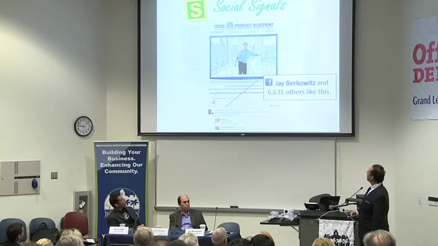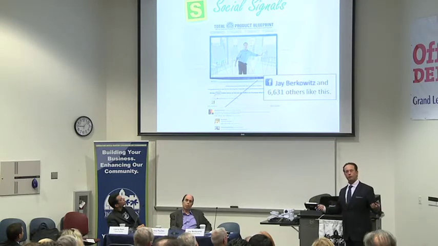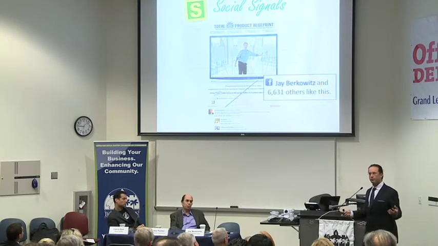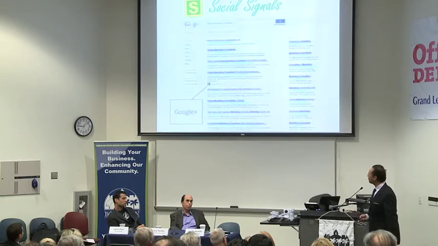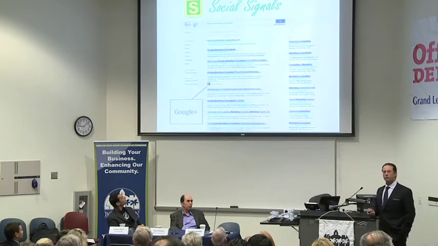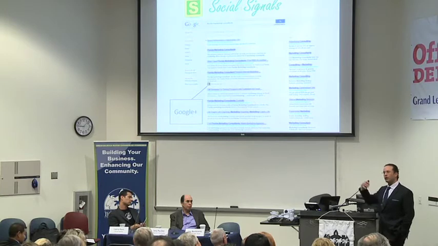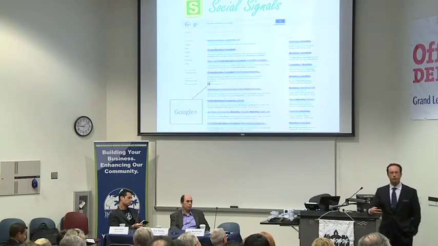So when I see that Jay Berkowitz is following this guy, I'm a fan of Brendon Burchard, it's like an endorsement, and Google can measure that endorsement through a history of time. Because if I've got a lot of Facebook friends and if I've got a history with Google, they know the quality of that. So Google Plus is Google's new social network, and it's becoming a very important factor in this whole social signals, which are the new links or endorsements to a website.